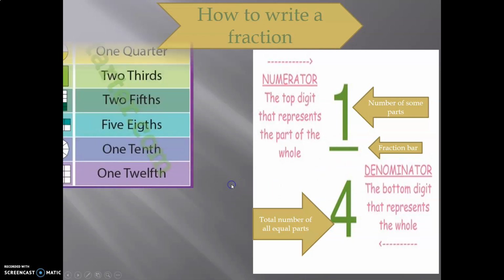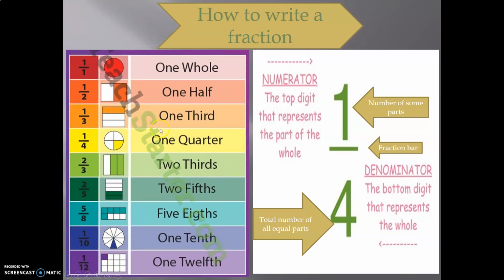Let's see more. If you have one whole circle, it is 1. Or are they 2 circles? No, it is only one whole circle. So it is 1 out of 1. One part is the same as the whole. Now look here.